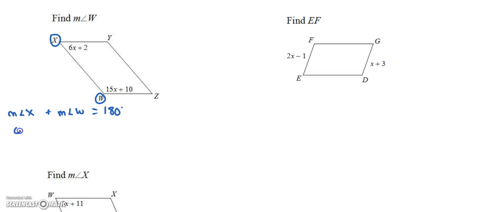Okay, well, that means 6x plus 2 plus 15x plus 10 has to equal 180, and I can solve from there. So I get 21x plus 12 equals 180. Subtract 12 from each side. And then I divide by 21. Let me check.